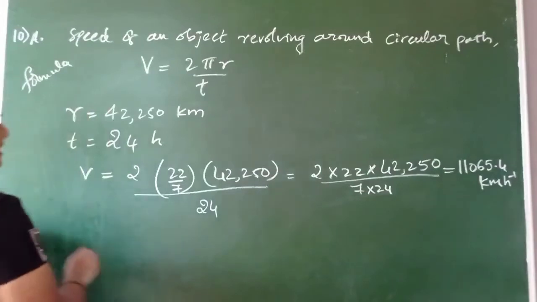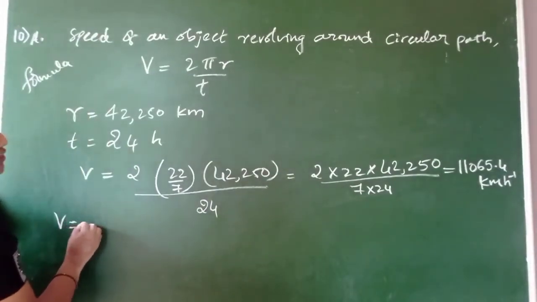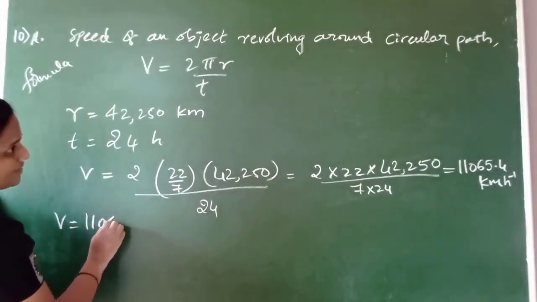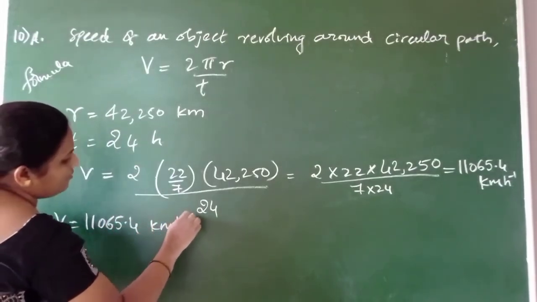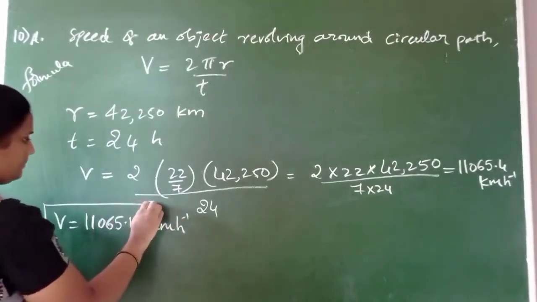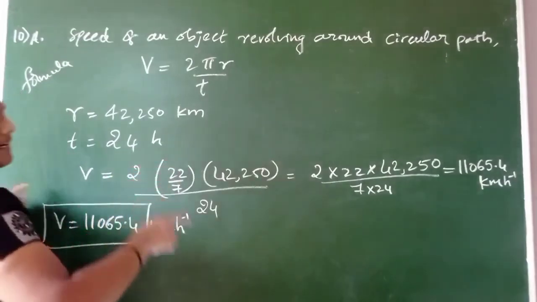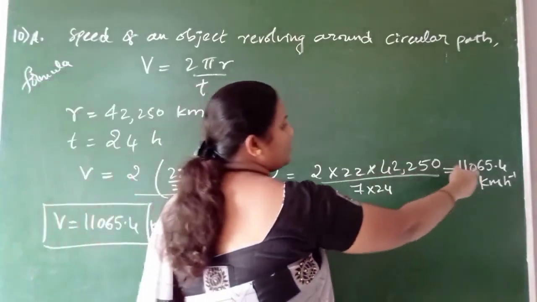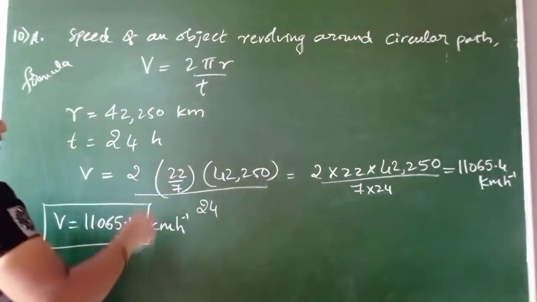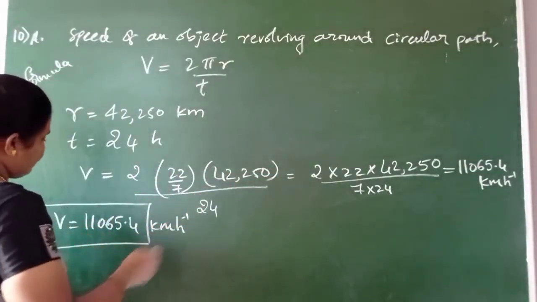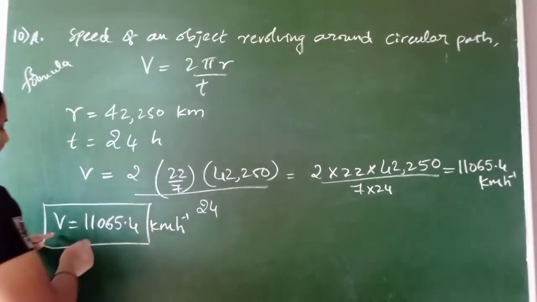What is the speed you will get? v is equals to 11,065.4 kilometer per hour. I did it directly, children, because it has many digits; you can do the multiplication on your own, but with more than 4 digits, you do it directly.